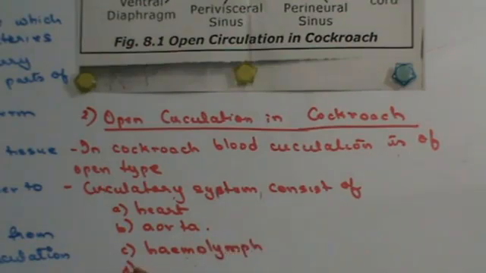And finally the sinuses. So that's the circulatory system of cockroach. Now let's see each part of that.